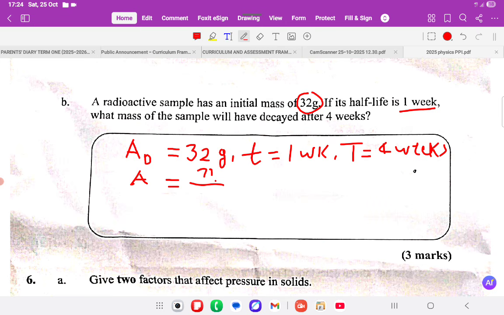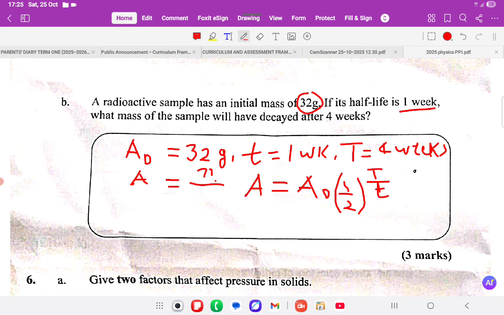So we are going to use the equation: remaining amount is equal to initial amount multiplied by half, raised to the power time divided by half-life. This is the formula for finding the remaining amount.